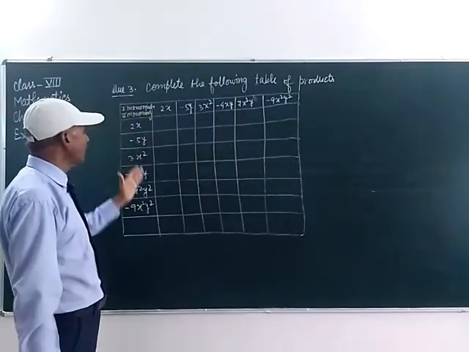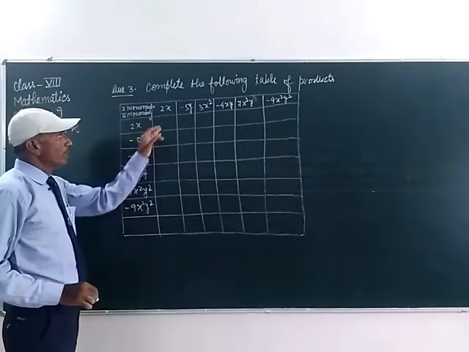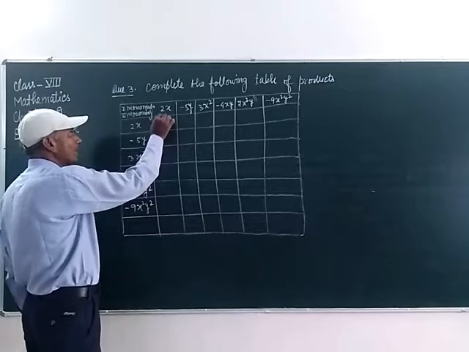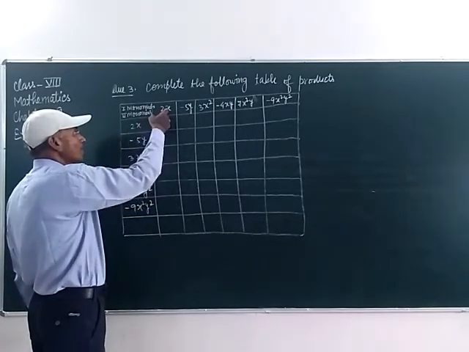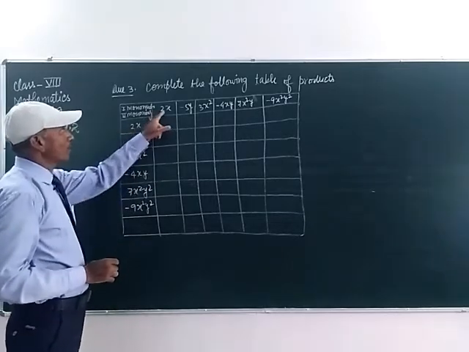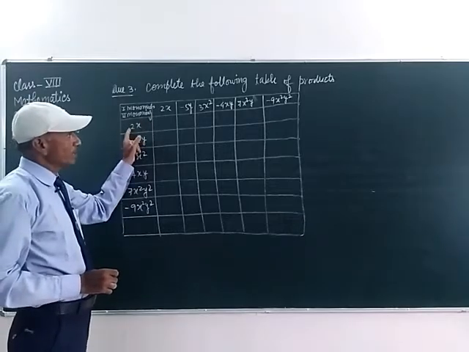And in this column, student, the second monomial is 2x. So in this first column, we have to multiply the first monomial with the second monomial. We have to find the product, student.